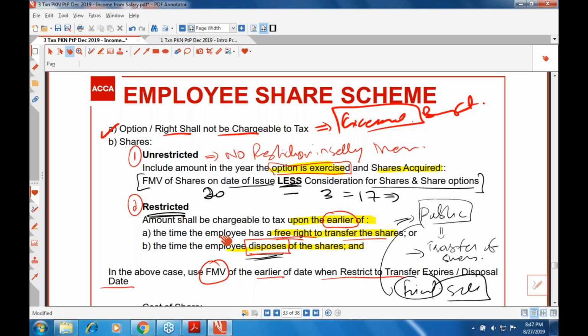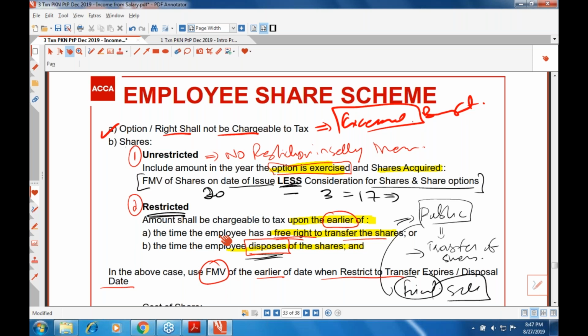Okay, we have Mustafa Bilal. He's asking that he did not understand the concept of restricted shares. Mustafa, the concept of restricted shares is that you place a restriction upon them, that they cannot sell these shares to anyone up till a certain period of time.